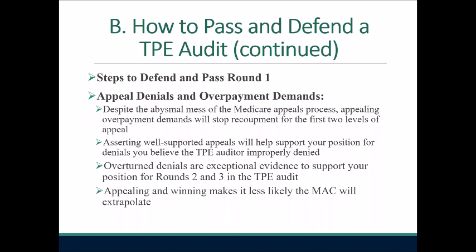And so a well-supported appeal that is overturned at a second layer, all right, that first appeal goes back to the MAC in a different division, and I've had lots of TPEs where the appeals department overturned the denial and approved the claim. And then we take that approval back over to the TPE auditor and say, look, your own appeals department agrees with us, and they've reversed their position. So winning appeals makes a big difference in a TPE.